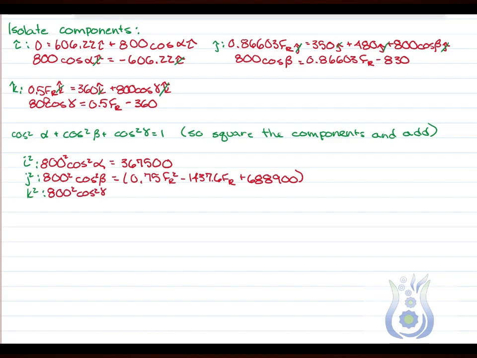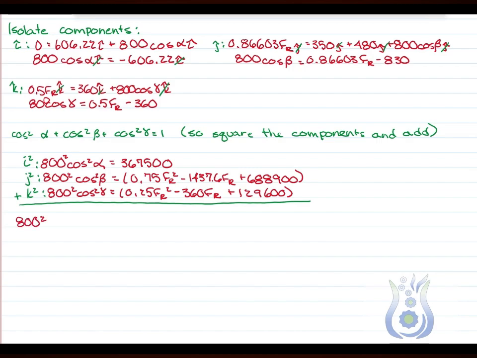So when we add that up, on the left-hand side, we get 800 squared cosine squared alpha plus 800 squared cosine squared beta plus 800 squared cosine squared gamma. Now, if I pull 800 squared out, I'm going to have my relationship of the cosine squared alpha plus cosine squared beta plus cosine squared gamma equals 1. And that's what I'm going for. Adding the right-hand side, I get 1 FR squared minus 1,797.6 FR plus 1,186,000.